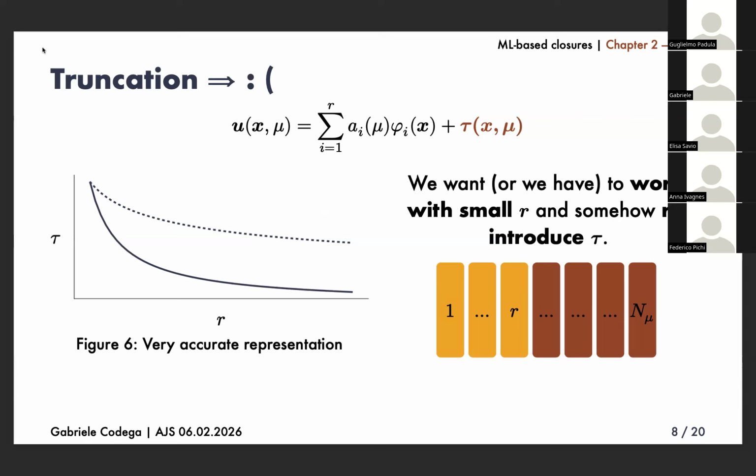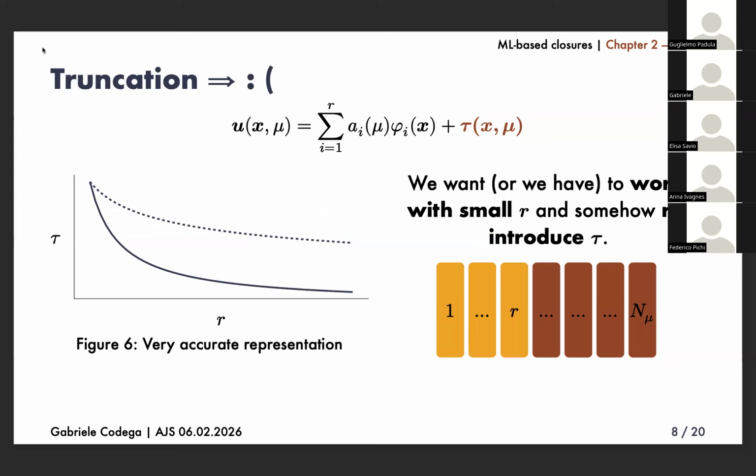So with small r. I also say that sometimes you have to work with small r because that's intrinsic to how you compute your projection to the linear space, because ultimately you do a singular value decomposition of your matrix of snapshots. So the maximum number of modes is actually equal to the number of snapshots you have to begin with, right?